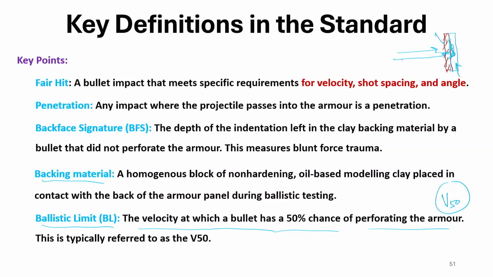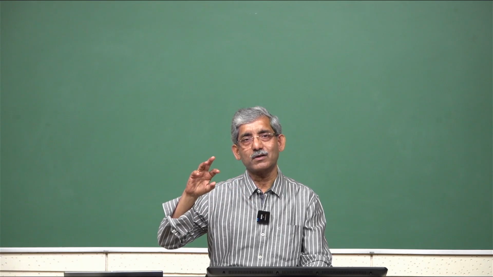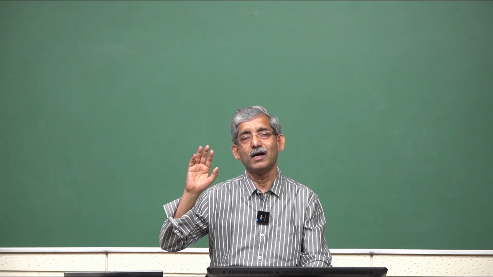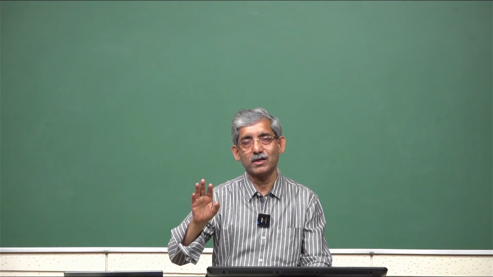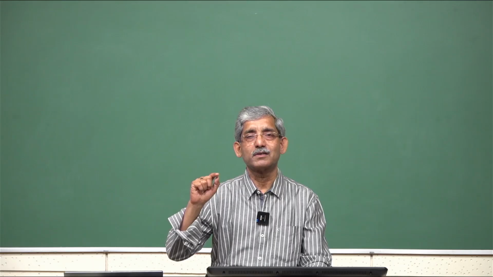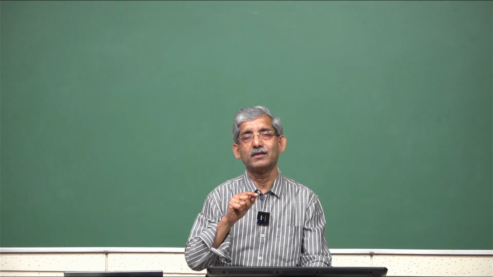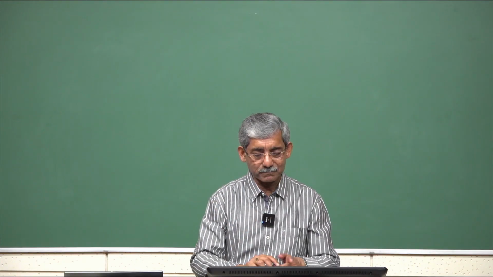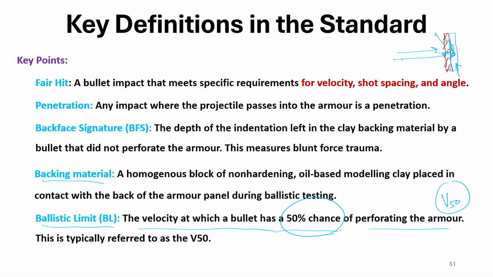We will do all the experiments, it is not that the velocity will always be stopped. We will plot the velocity versus the perforation, and where 50% chances of penetration are there, that will be called the ballistic limit.